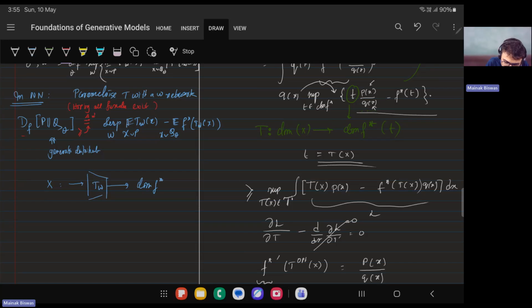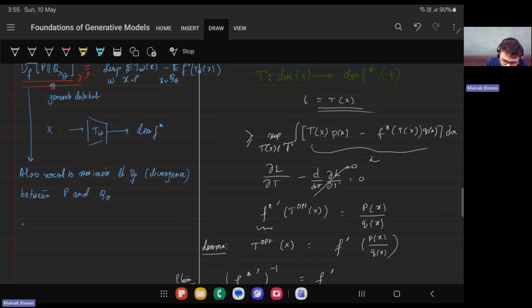So I have this supremum function that I already have, but I also want to minimize the Df, the divergence between p and q theta.